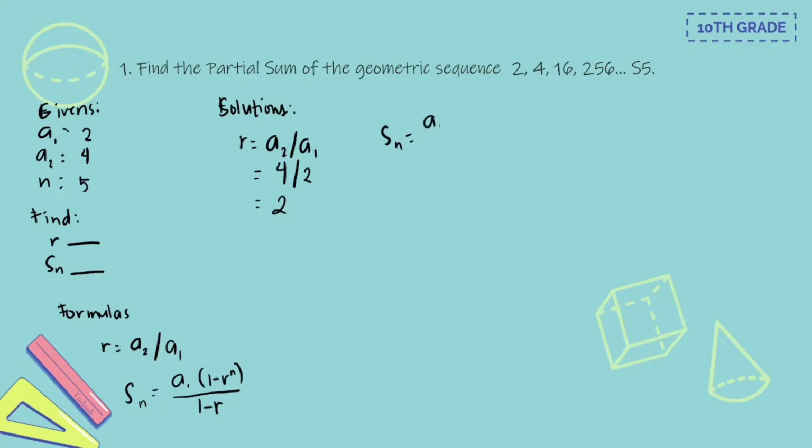So a sub 1 times 1 minus r^n over 1 minus r. And then just substitute. a sub 1 is 2, r is 2, and our n is 5, over 1 minus 2.